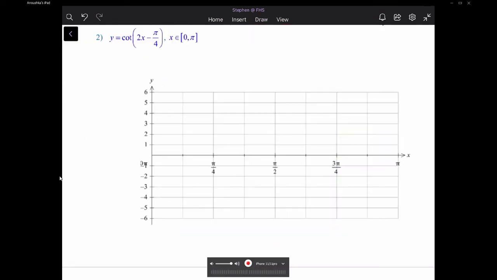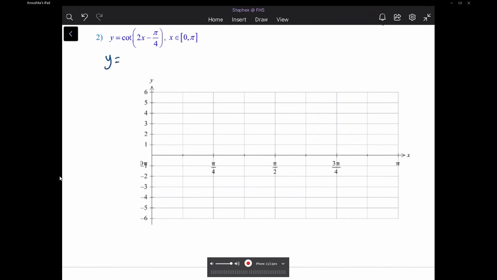Let's move to our final example. We've now got y equals cot of (2x minus pi on 4) between 0 and pi. The first thing I'd recommend with questions like these, when you've got these translations in there, is to actually take out the dilation as a common factor.